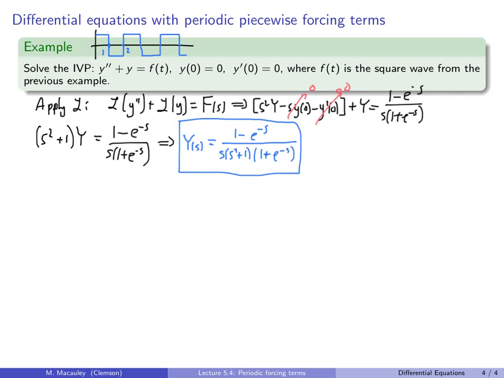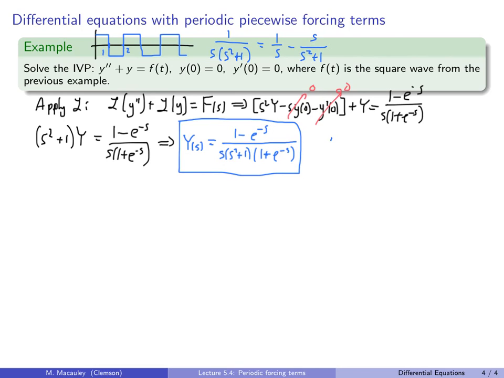So let's recall something from partial fractions. I think I did this in the previous lecture. Call that 1 over s times s squared plus 1. Well, actually, I think this one was a little bit different, but this thing here, it's easy to check, is equal to 1 over s minus s over s squared plus 1. So that's something that we will use.